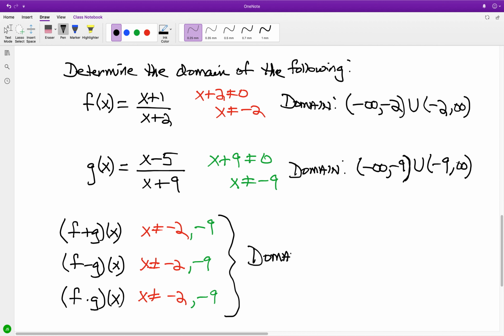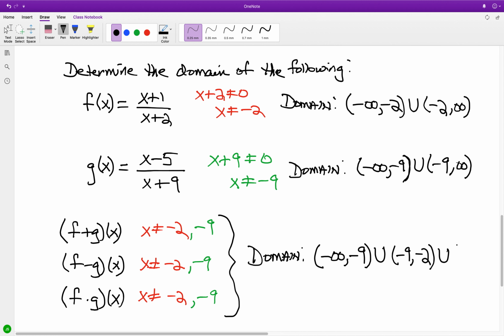If I put this set of domains in interval notation, notice that for all three of these operations, -9 is the smaller exclusion. So in the domain, we have going from negative infinity approaching but not including -9. Next in line, going past -9 approaching but not including -2.